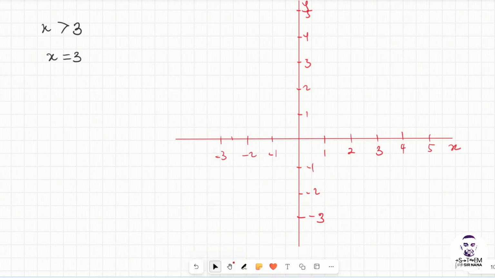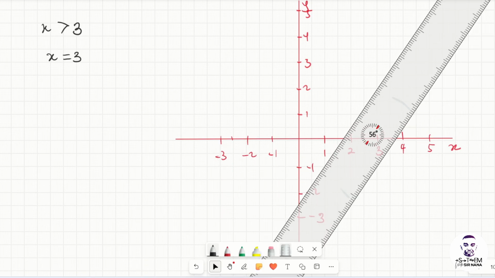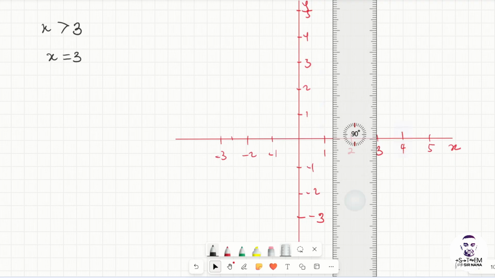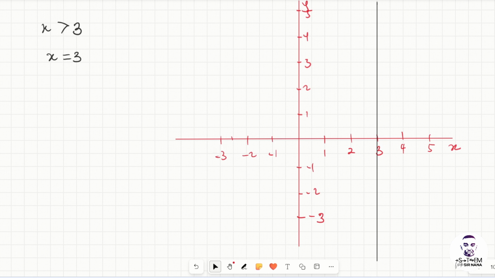Now we want to plot a line at x is equal to 3, which is here. So we put a line at x is equal to 3. Then we consider the inequality, saying that x should be greater than 3. So we are looking at all the values that are on the greater than side of 3.